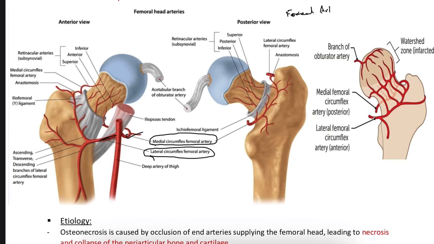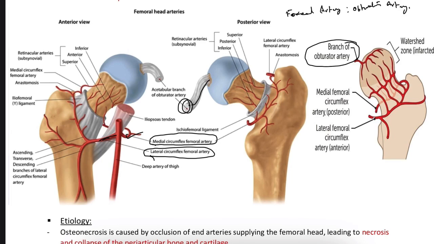The foveal artery is a branch of the obturator artery. From the acetabular branch of the obturator artery we get the foveal artery, and we can see that blood supply in the ligamentum teres.